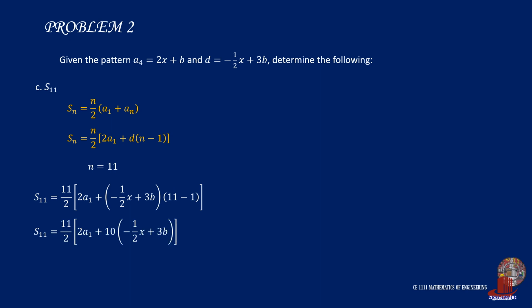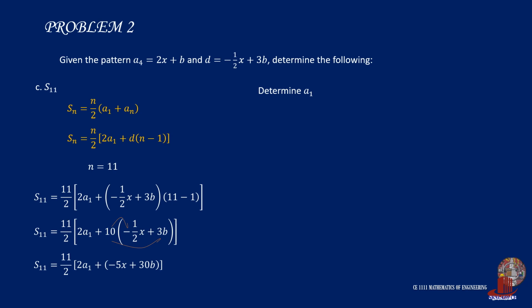S11 is then 11 halves of twice of a sub 1 plus 10 times the common difference. By distributing 10, the equation turns into 11 halves of twice of a sub 1 plus negative 5x plus 30b.